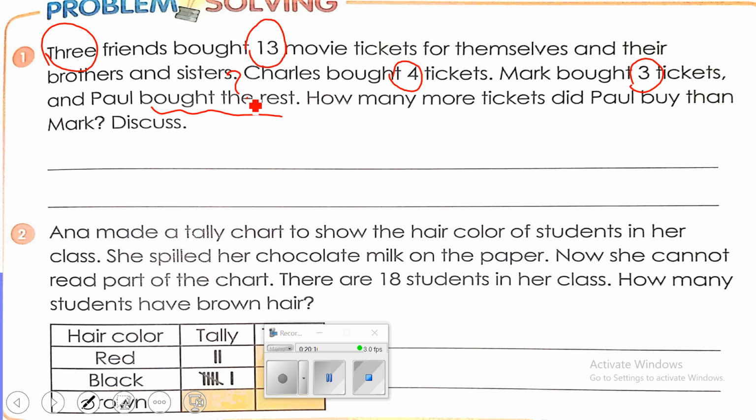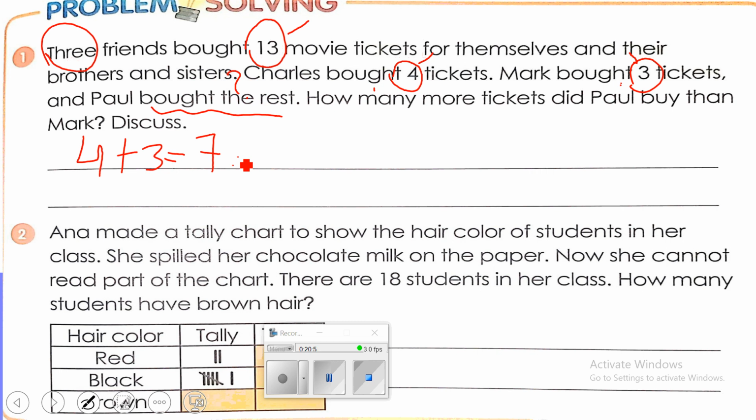So, do we know Paul's? No. How will I find it? I have to bring the total. The total of the tickets is 13. And the parts here are 4 and 3. What I will do is add Charles' tickets and Mark's tickets together. Let's do it now. 4 plus 3 equals 7. Now here are Mark and Charles together.